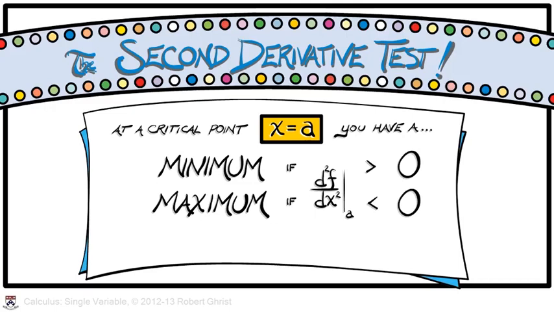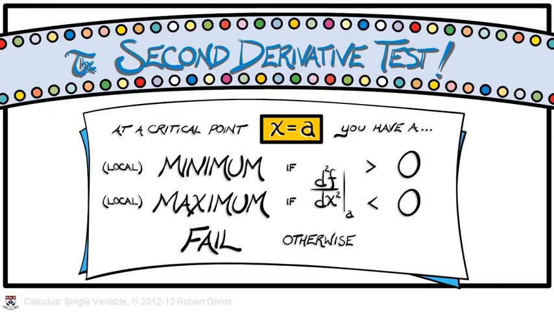If your second derivative is 0 or is undefined, then you have a fail. The test does not tell you whether it's a minimum or a maximum or neither. Now, these are only local minima or maxima, since you're just using derivative information.